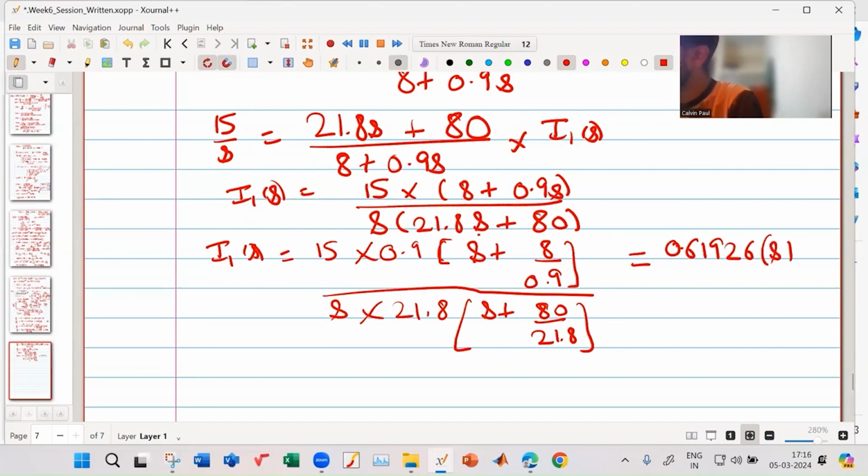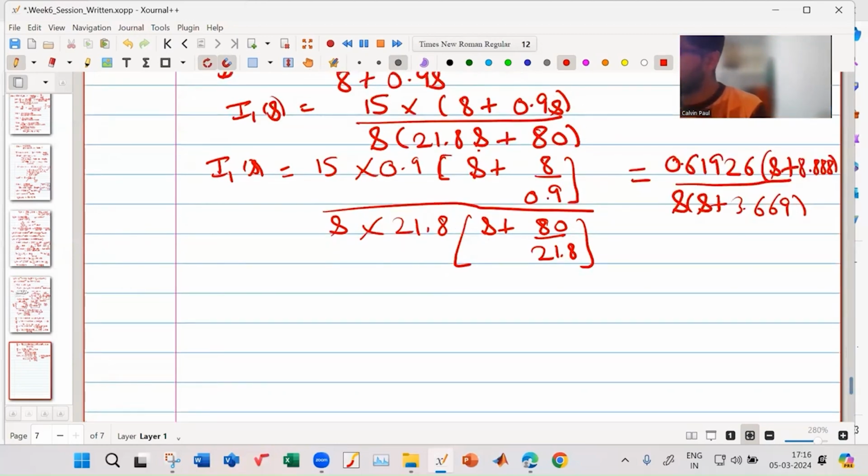What is 8 divided by 0.9? 8.888. And what is 80 divided by 21.8? 3.669. So now I will get my I1 of s.